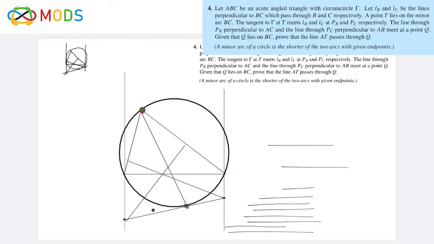Okay, this diagram is worth looking at as well. Why is AQT not on a straight line? Because this angle is 90 degrees. Oh yeah, I guess it's slightly off. But it's supposed to be 90 degrees.